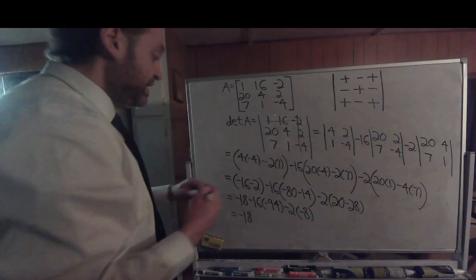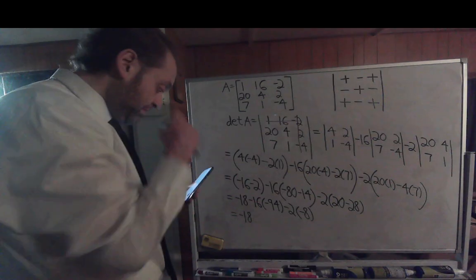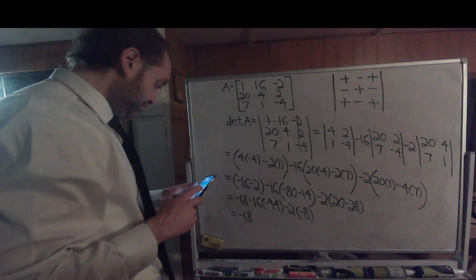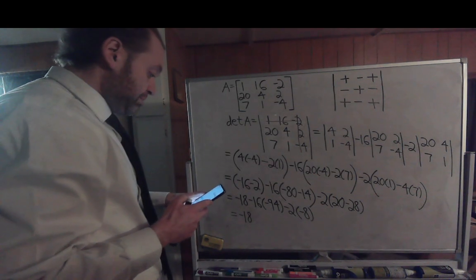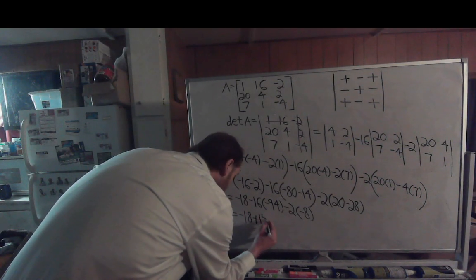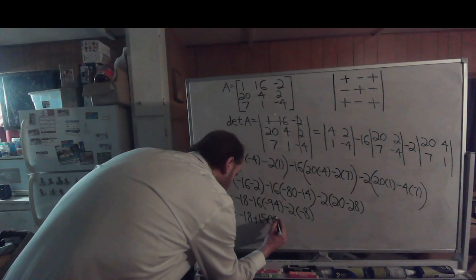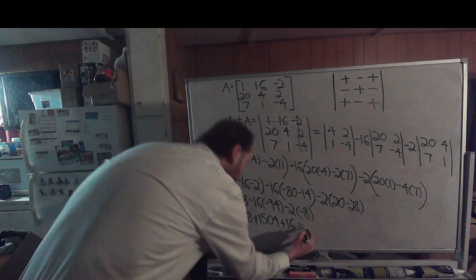Now, whatever that is, negative 16 times negative 94 is going to be god-awful, I guarantee it. Yep, 1,504. Negative 2 times negative 8, that's plus 16.